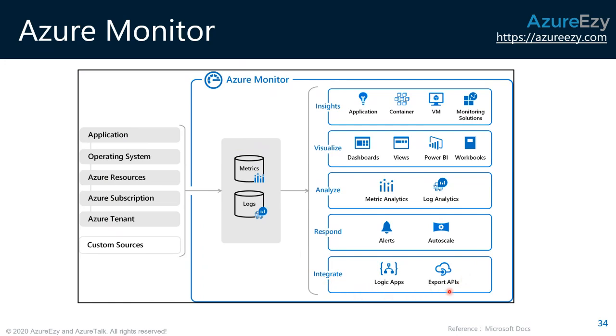Okay, when we say logic apps or export API, what do we mean? Logic apps are actually a flow. You decide some condition, and if this happens, take some action. For example, one event is generated, one metric happened, one log happened, and based on that, send an email to someone or do some activity, create some storage account or auto scale something.